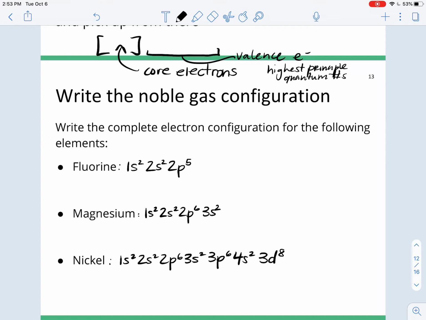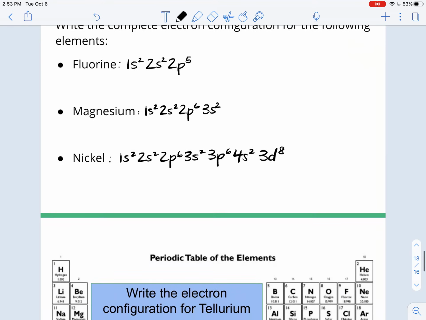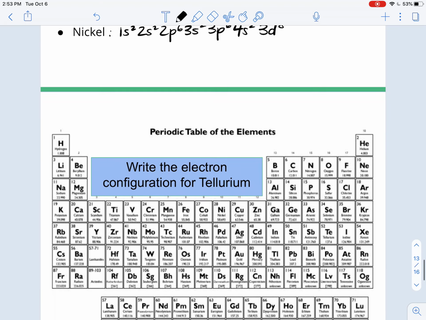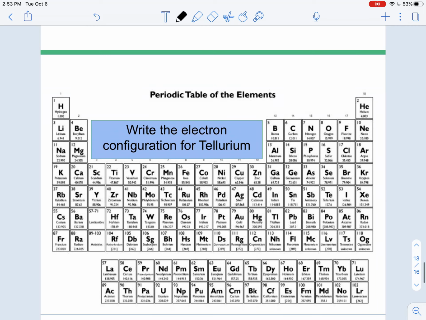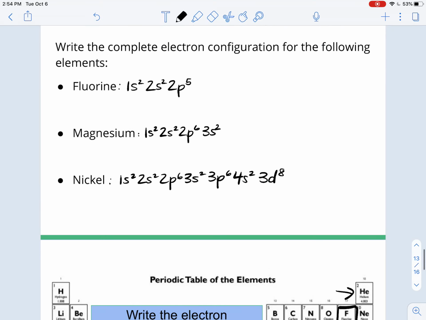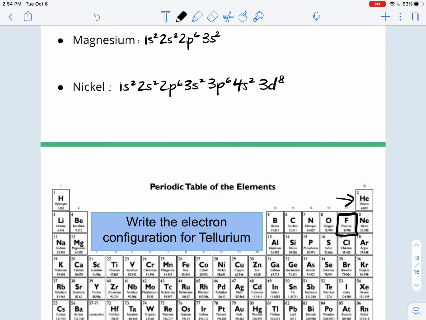Now what we can do is use the noble gas configuration to make them shorter. I'm going to take a look at fluorine. I'm just going to use this slide temporarily. Fluorine's here. The noble gas before it is helium. So my shortcut will be helium in brackets, and then I'll continue from there to fluorine.